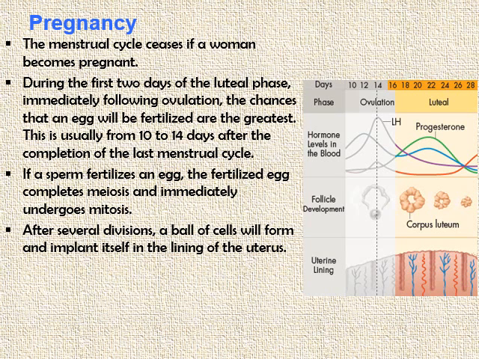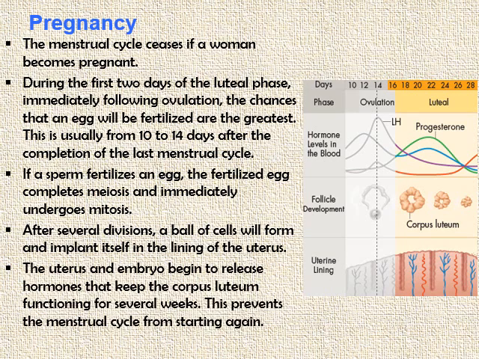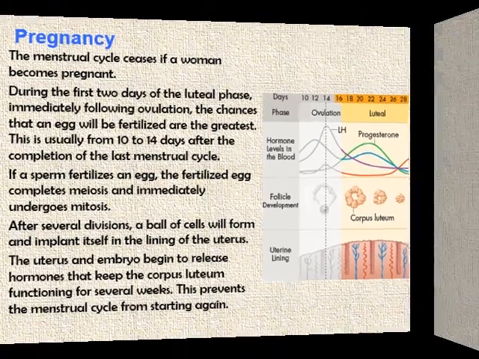After several mitotic divisions, a ball of cells will form and implant itself in the lining of the uterus wall, which we call implantation. The uterus and embryo begin to release hormones that keep the corpus luteum functioning for several weeks. This prevents the menstrual cycle from starting again.